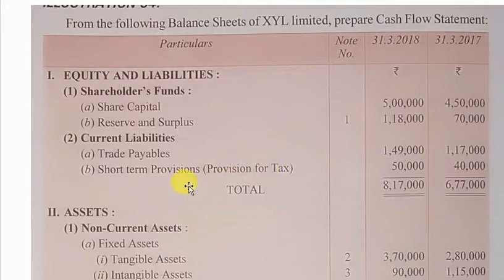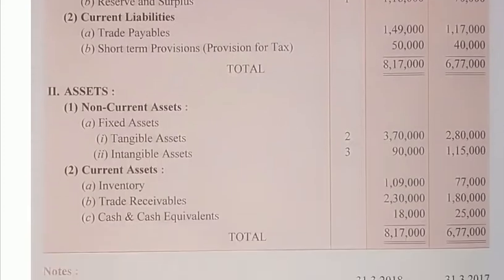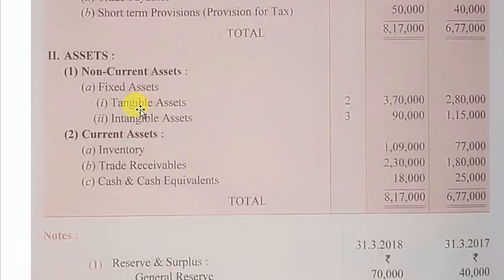Then come the assets. Assets have non-current assets, fixed assets. Fixed assets have a tangible assets category and an intangible assets category, with the note numbers. Then current assets have inventory, trade receivables, cash and cash equivalents.